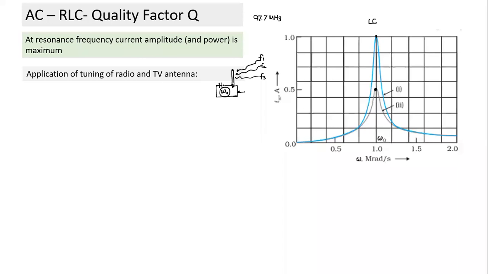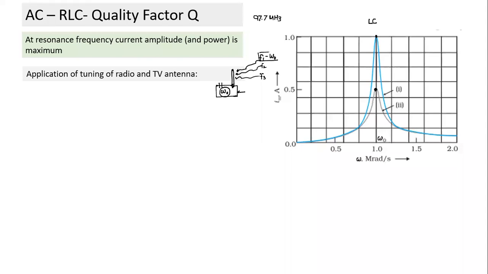Ashay, what are we changing when we are tuning a radio or a TV? Natural frequency, sir. So if I set a natural frequency which matches F1, what will happen? This current, this oscillation will get magnified and the others will become very small.